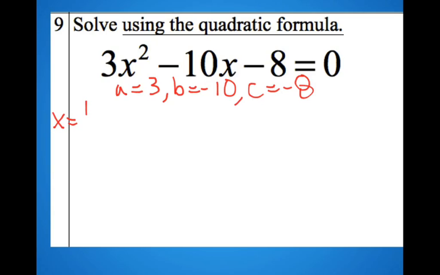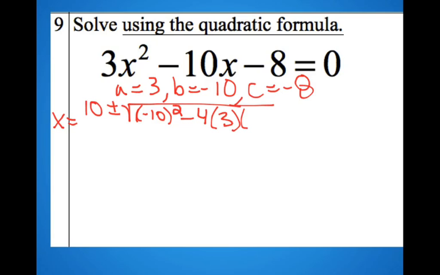So opposite of b, so 10 plus and minus the square root of negative 10 squared minus 4ac, so times 3 times negative 8. All of that is divided by 2 times a, or 2 times 3, and then just work it out from there.